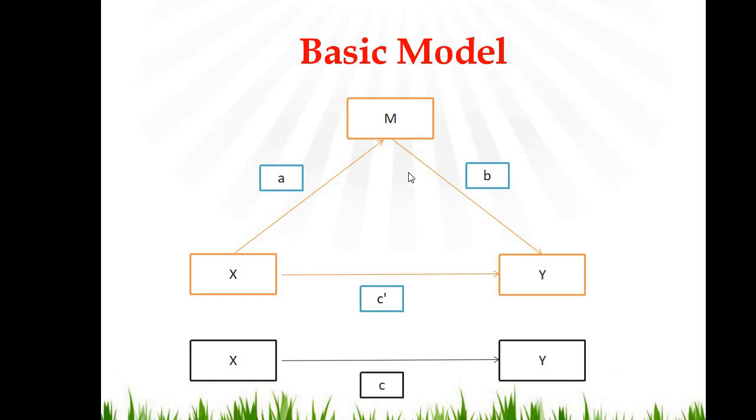And if we add a mediator in this model, then we have two independent variables, the mediator and the independent variable, and we run the model having two independent variables and one dependent variable. The coefficient which captures the effect of X on Y is now C prime. If this effect is no longer statistically significant after the addition of the mediator, then we say there is full mediation.